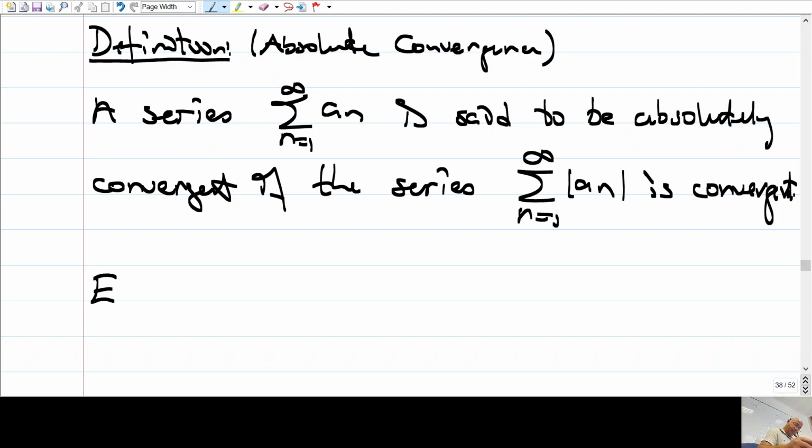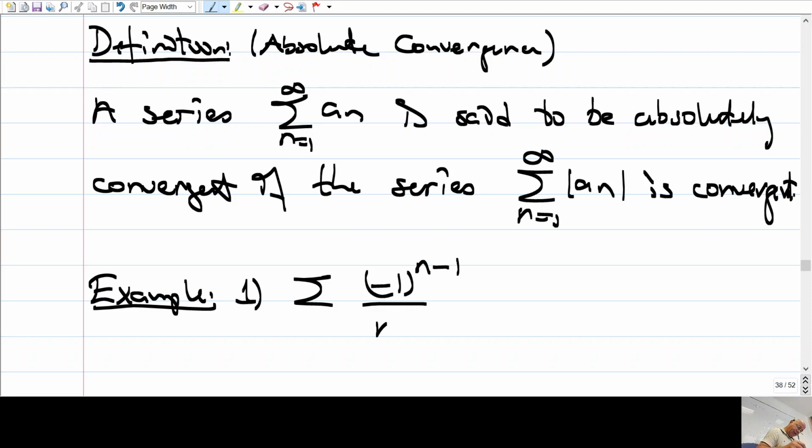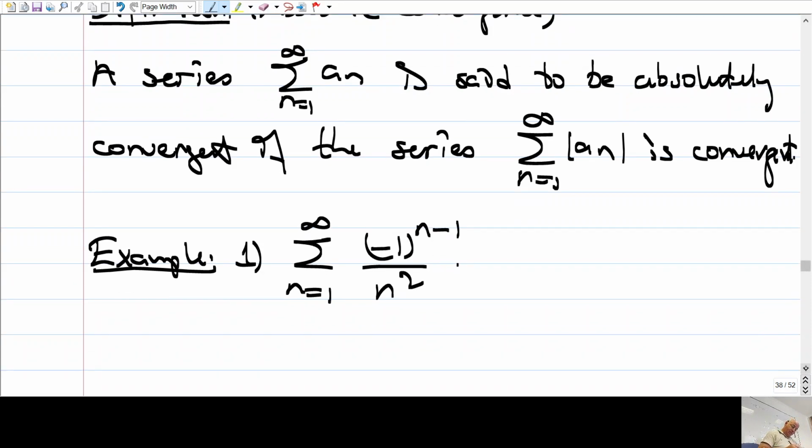An example of this is the following. Look at this series: minus 1 to the power n minus 1 divided by n squared.